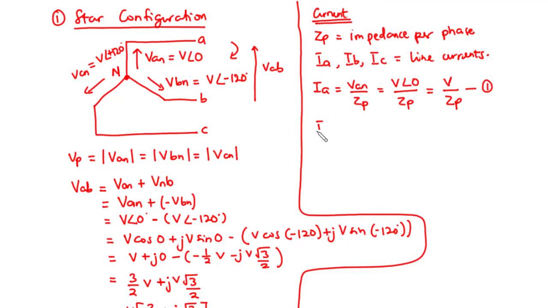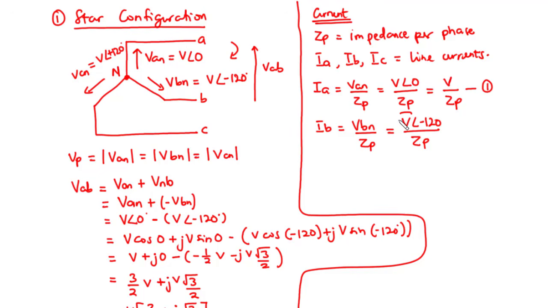Now to IB, we also have VBN divided by ZP. VBN is equal to V polar negative 120 divided by ZP. Now from equation 1, you realize that IA is equal to V over ZP.